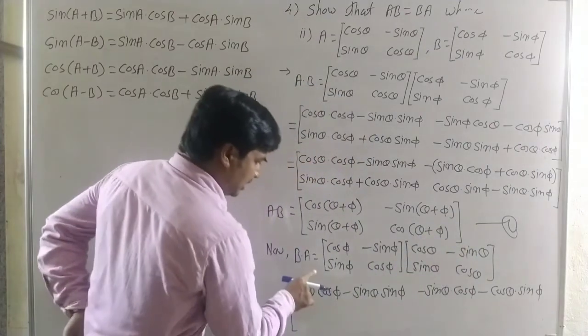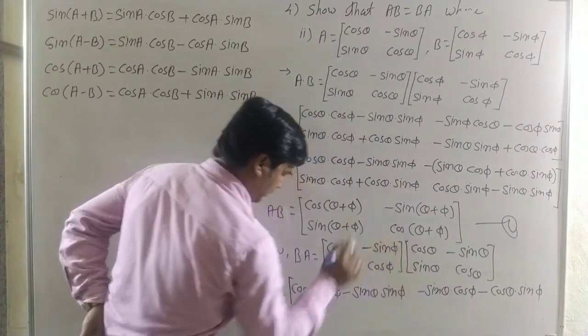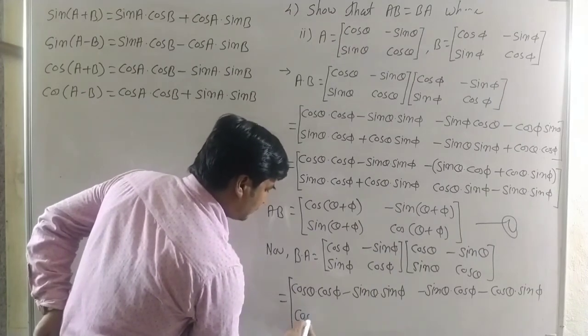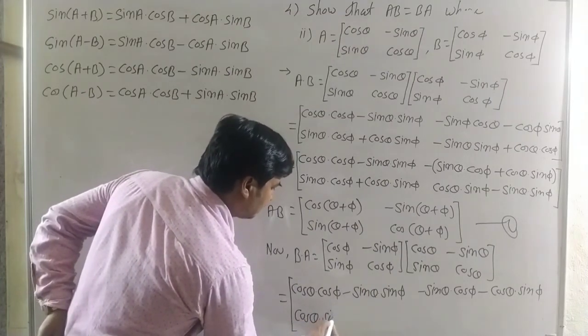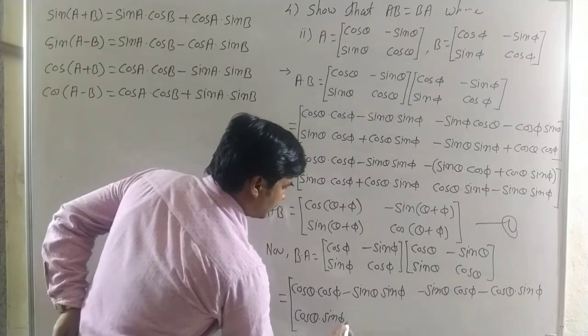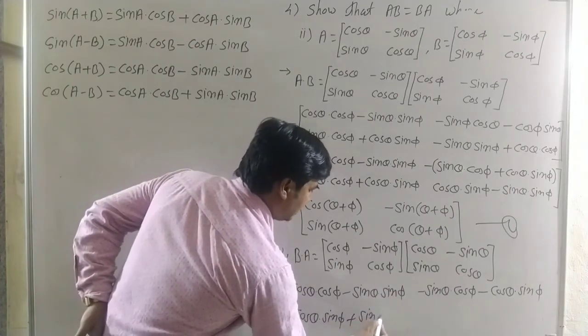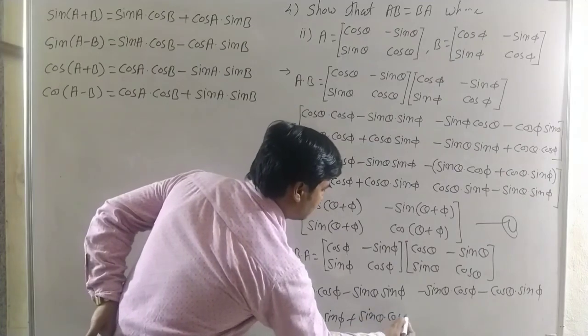ओके, नाव आता सेकंड रो फर्स्ट कॉलम साइन फाय कॉस थिटा, यू कॅन राईट it is a cos theta into sin phi, then plus sin theta into cos phi.